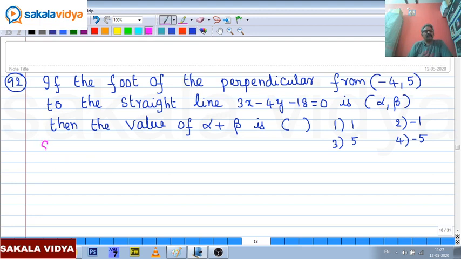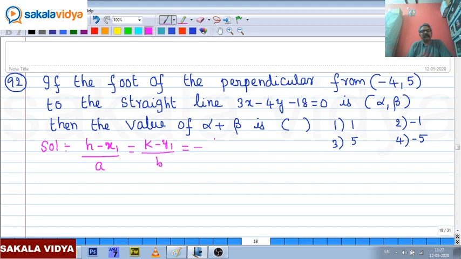Your first formula: (h minus x1) by a, (k minus y1) by b.